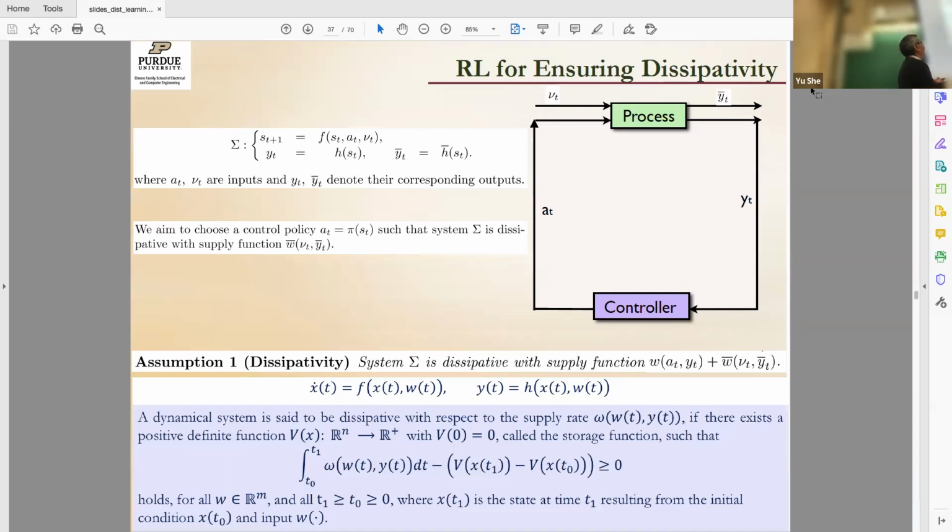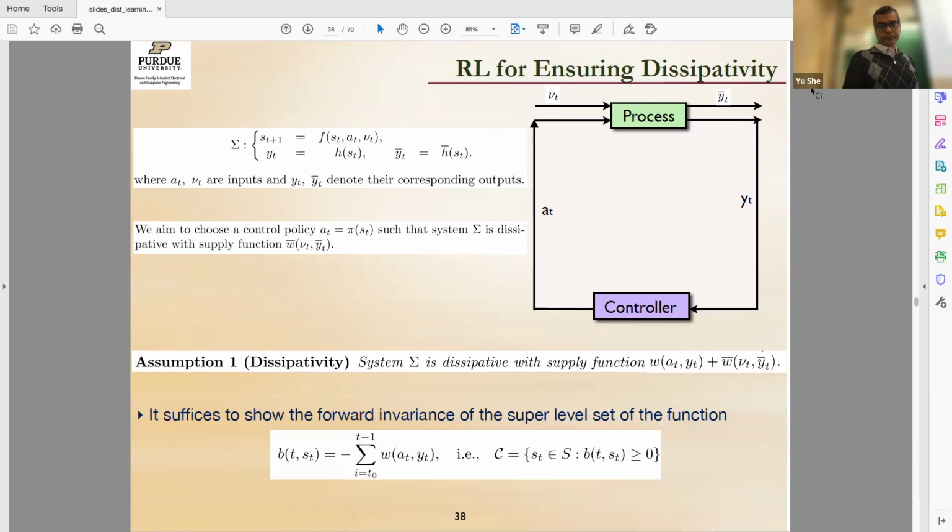In this case, I'm saying we aim to choose a control policy, A, such that the system is dissipative from the input nu to output y bar. Okay. And remember, the dissipative condition was given by this. That's the main result, that you can do that, and you can do that through this tool of control barrier functions that have been recently proposed for system safety.